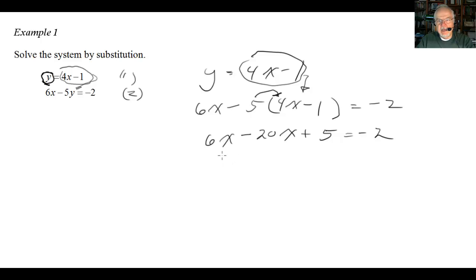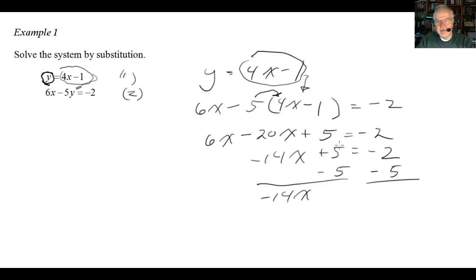Okay, so now we have 6x minus 20x. That's minus 14x plus 5 equals minus 2. We combine like terms. Now let's get rid of the 5 by subtracting it from both sides. And we have minus 14x, that's 0, equals minus 7.